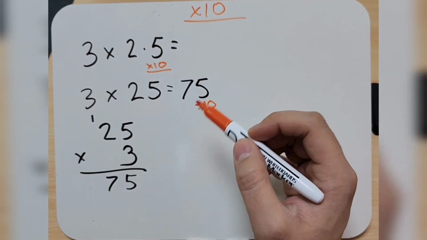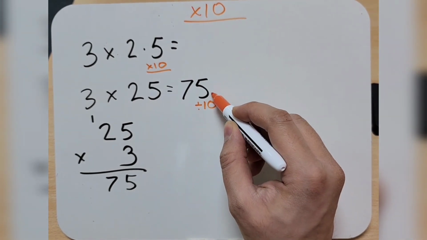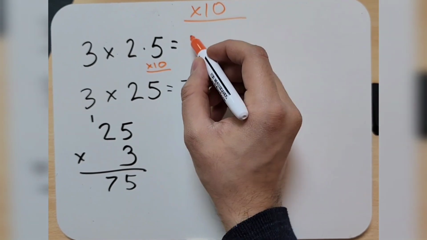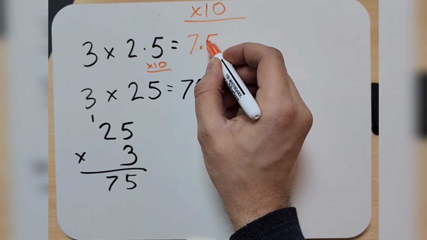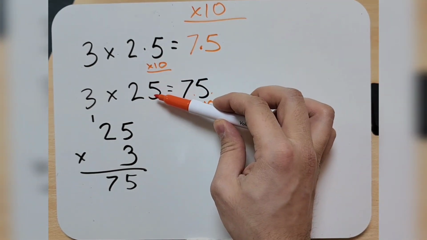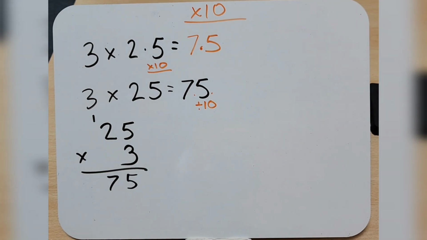If you've seen the video on moving the decimals, you'll understand the decimal moved from here across to here. So that would leave us with an answer of 7.5. As you can see, we've made this 10 times bigger, so we've had to make our answer 10 times smaller.